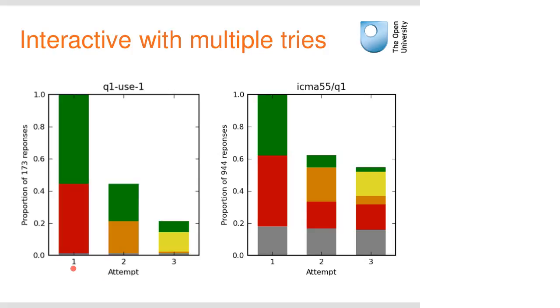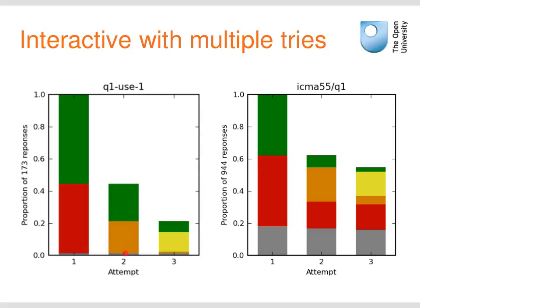This view of the data looks at one particular question. On the first try, about 55% of students got it right and 45% got it wrong. Those students have another go after a bit of feedback, and half of them then managed to get it right.